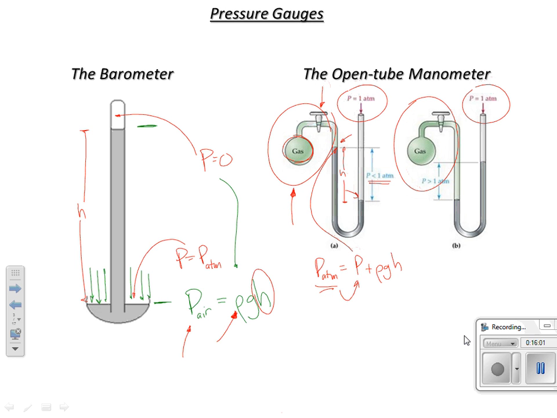The other way you do it is, in this case, notice the pressure in the sample is greater than an atmosphere. So that means that the pressure below, which I'll call P gas, is P atmospheric plus rho g h, where here is h. So here the pressure in the gas is greater than atmospheric pressure.